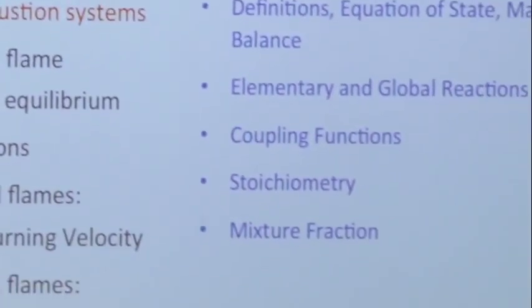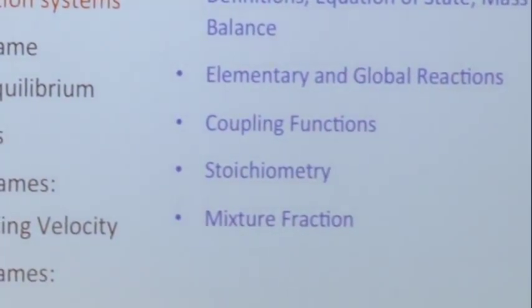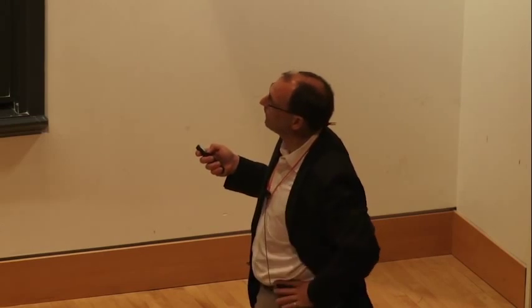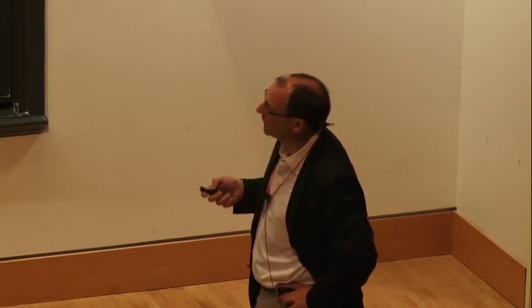The coupling function just relates, because a global reaction really ties the chemical change of different species to each other, and the coupling function is just a quantitative representation of this. We used that here just to define a mixture fraction, but coupling functions can also usually be used to reduce a system to a smaller size.